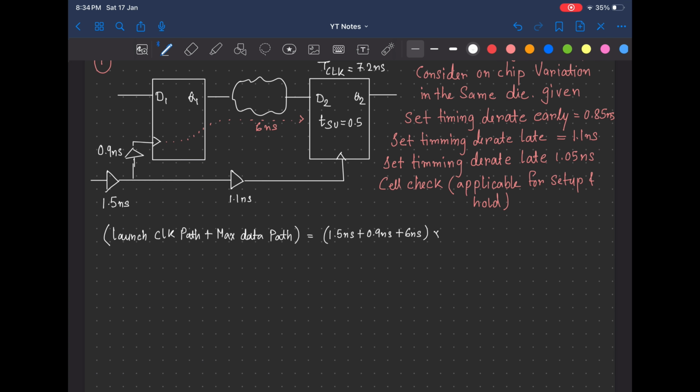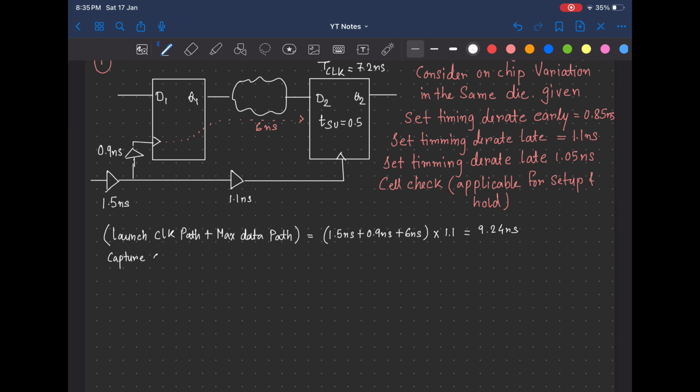How much will it come to? It will come to 9.24 nanosecond.